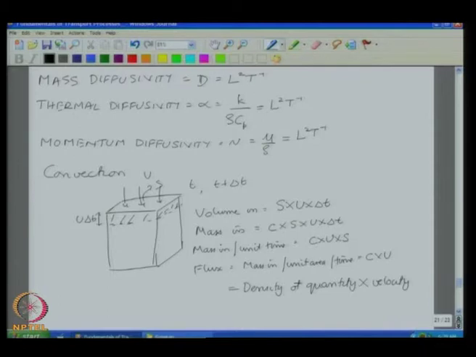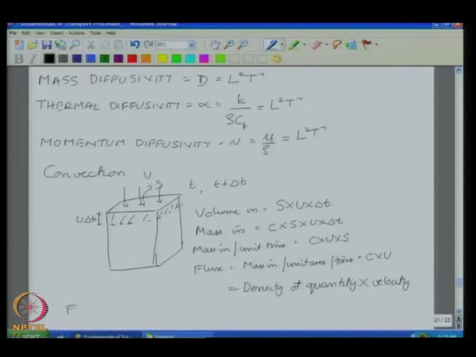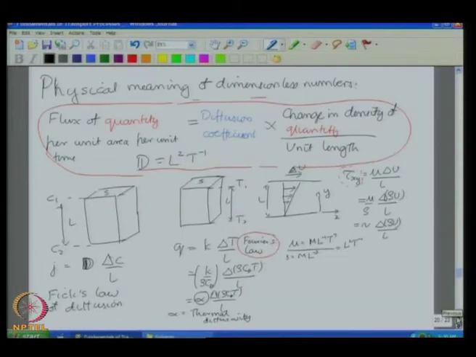Now, the flux due to diffusion is equal to the diffusion coefficient into the change in density divided by length L. The flux of a quantity is equal to the diffusion coefficient times the change in quantity divided by the length L. That is the flux due to diffusion.